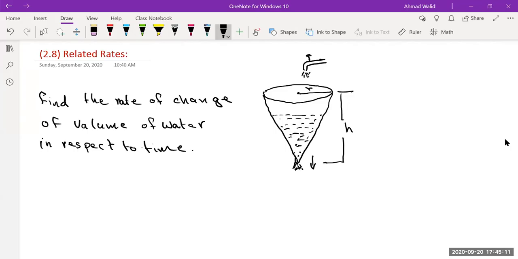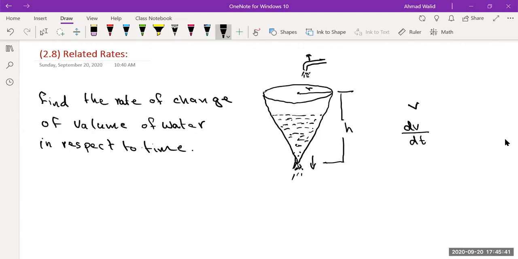Let me name the radius R. The rate of change in the volume of this cone with respect to time will be dV over dt. As the water goes out like this, the volume of the water is changing.